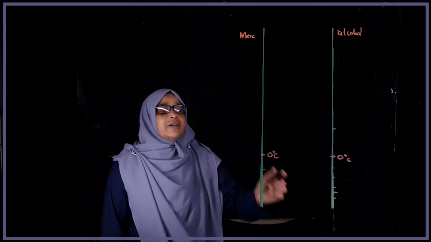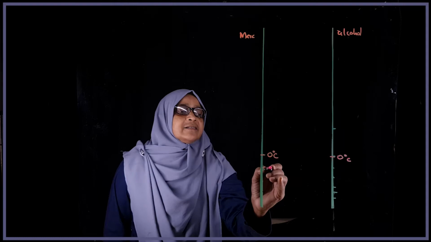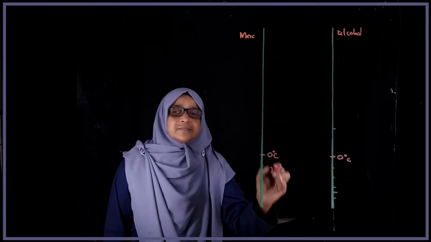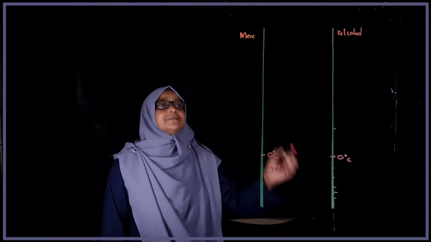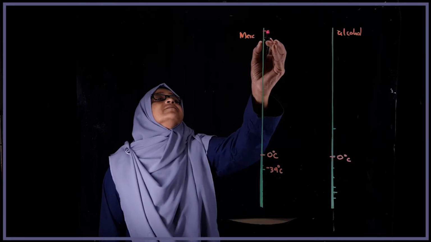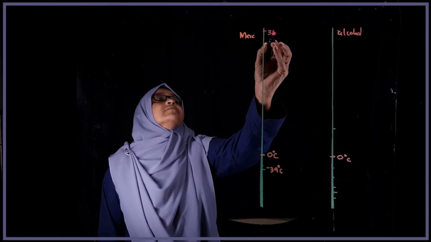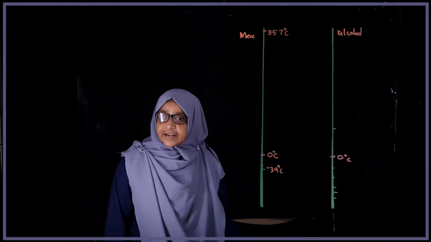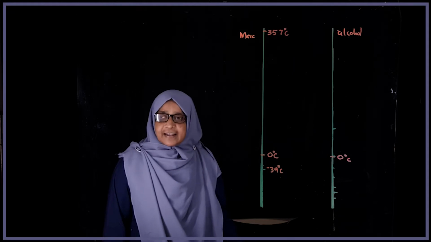We know the melting point of mercury is minus 39. And the boiling point of mercury is 357 degrees Celsius.